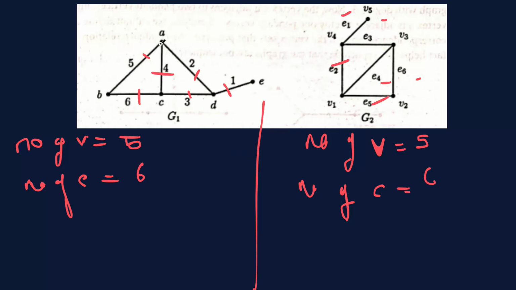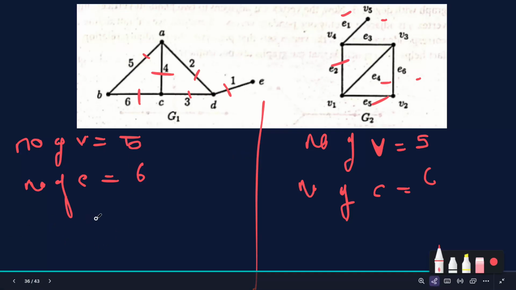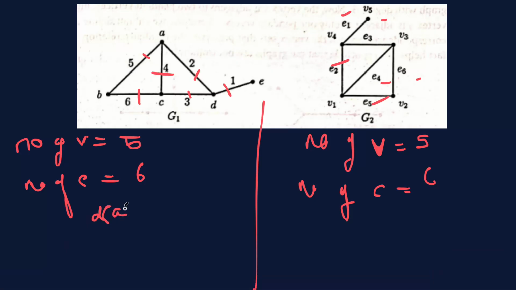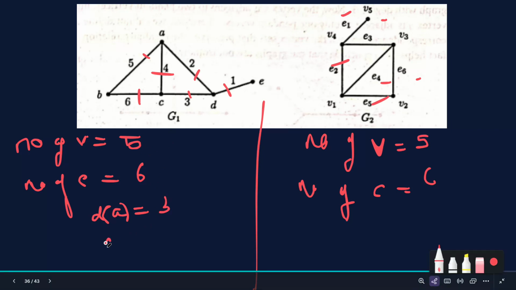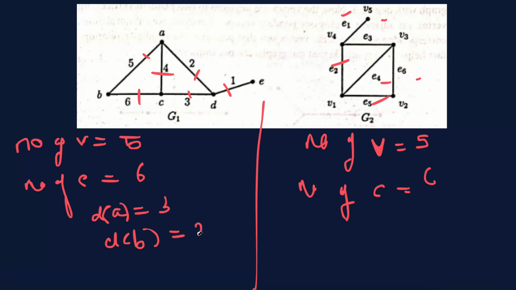Now let's see the degree of each of these vertices. Degree of A, let us find first: 1, 2, 3, so 3 is the degree of A. Then the degree of B: 2 edges are there in B, so it is 2.